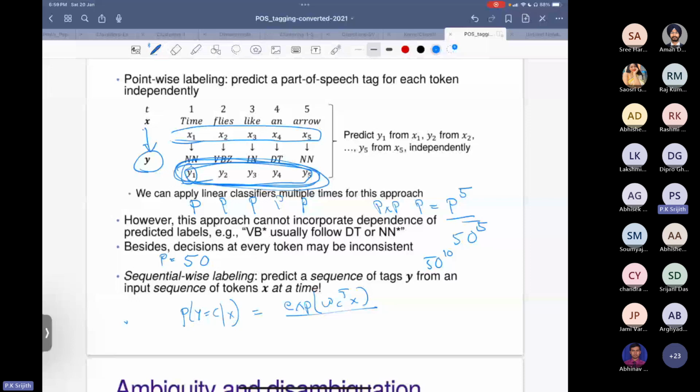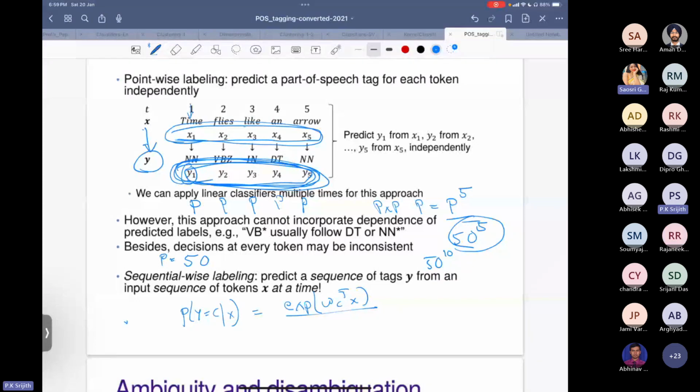Not point-based labeling. In point-based labeling, you are just predicting independently for each of these elements in the input. But this comes up when you try to predict for all the inputs together, right? You try to predict all your outputs y1, y2, y3, y4, y5 for your given input x1, x2, x3, x4, x5.